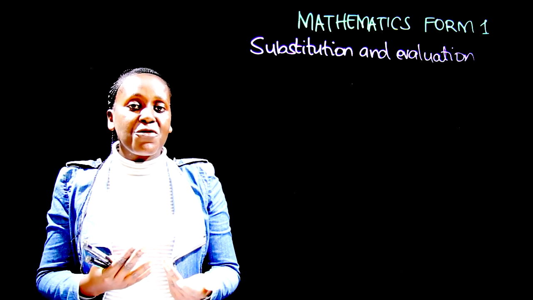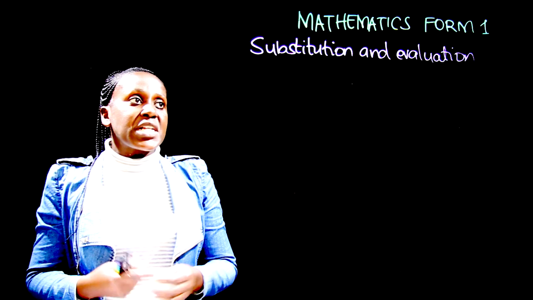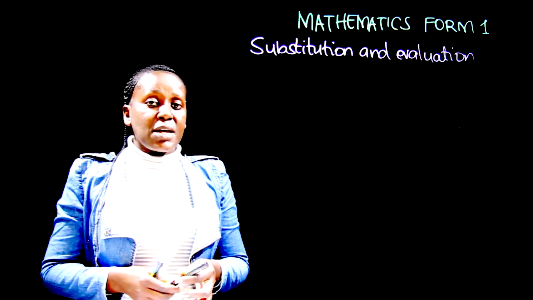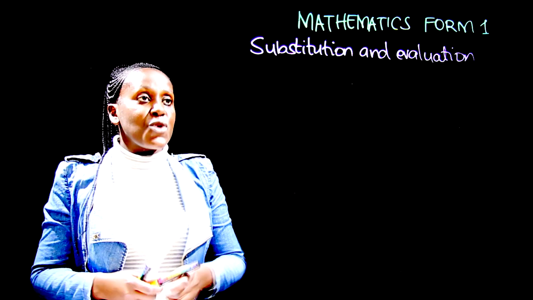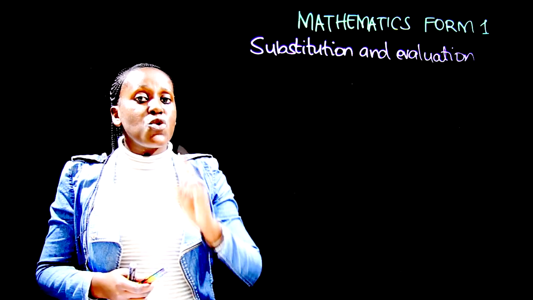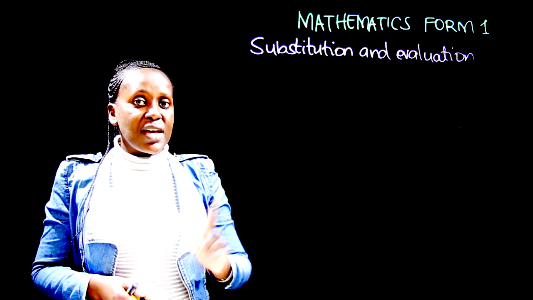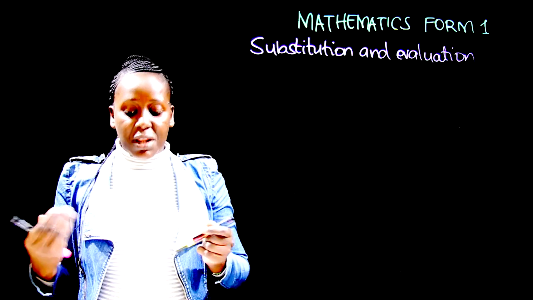Or you can substitute coffee with tea. So when it comes to math, when we talk about substitution, we mean that where you have letters, you can substitute those letters with numbers, all right? Substituting letters with numbers.